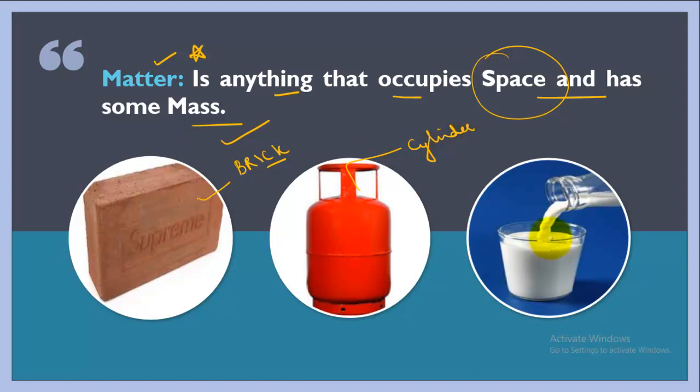And this you can see is milk. Even we can focus on the glass also in this picture. So in this picture you can see that these things, when kept, are occupying certain space and have some mass also. So all of them are examples of matter.